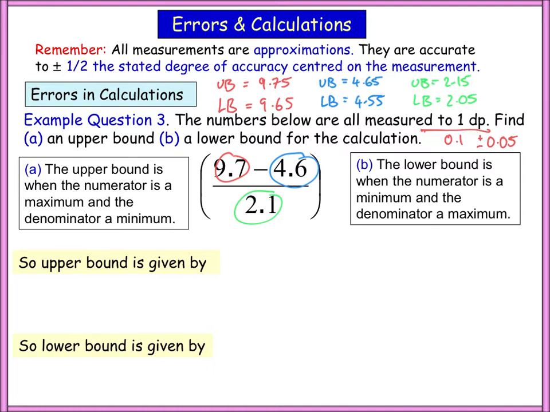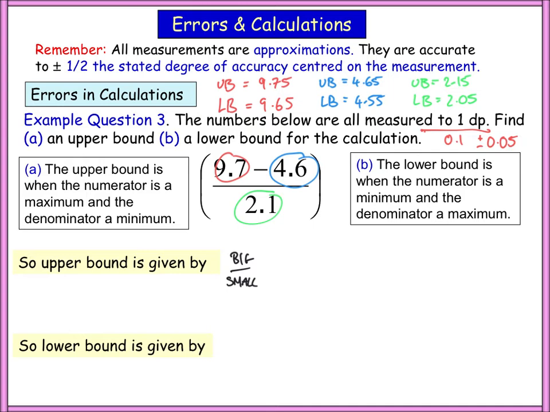So that's pretty much everything that we were looking at last week, just the upper and lower bounds of different things. Now, if we're looking for the upper bound of the whole calculation, the biggest value that this calculation can be, that means I want my fraction to be big on top and small on the bottom. For that value to be as big as possible, the top of the fraction needs to be big and the bottom needs to be small.